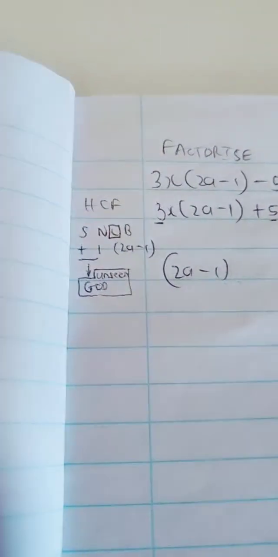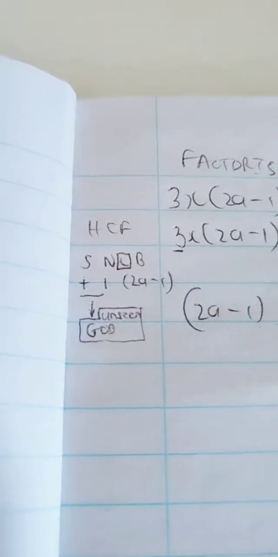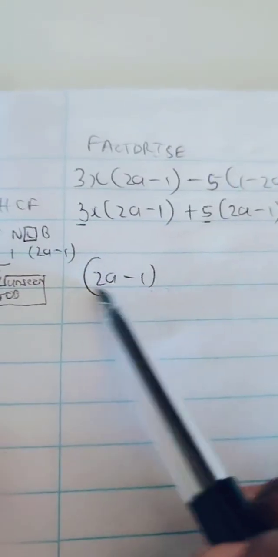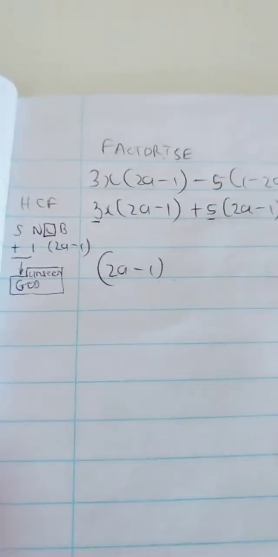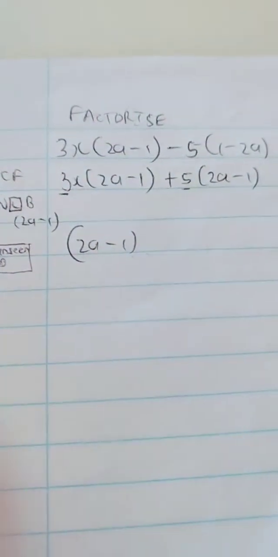unseen. All right, for me it's like God, not seen or visible, but the positive one. You would think that this 2a minus 1 is alone, but it's not alone. Just like we think that we are alone in life, but we are not.